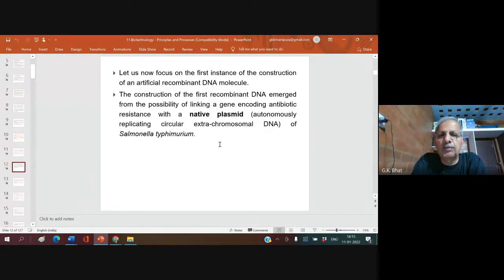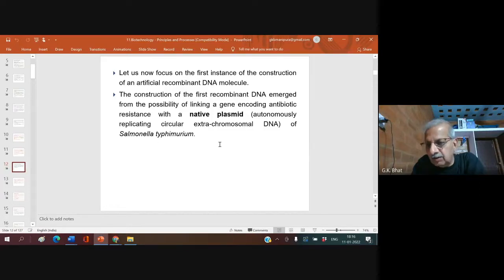The construction of the first recombinant DNA emerged from the possibility of linking a gene encoding antibiotic resistance with a native plasmid, an autonomously replicating circular extrachromosomal DNA, of Salmonella typhimurium.